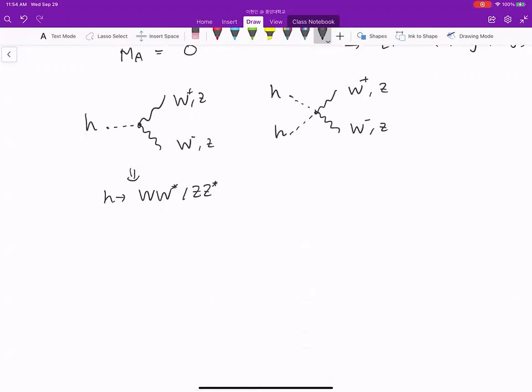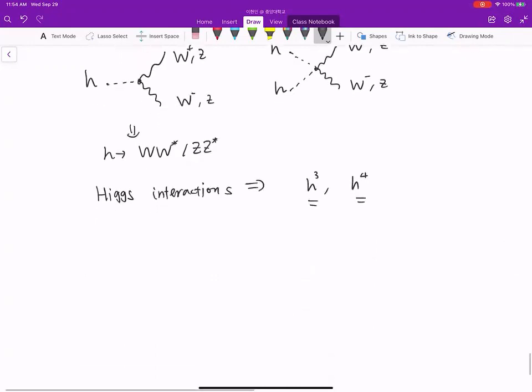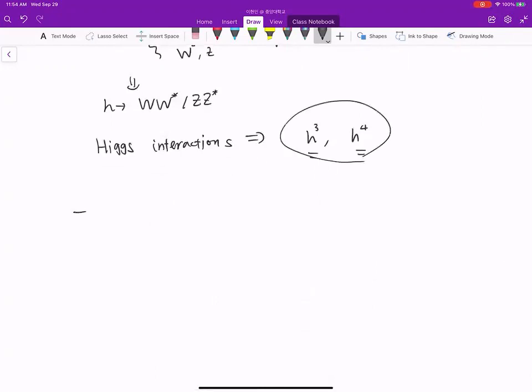Also from the Higgs potential, you can identify the H cubed and H to the fourth interactions too. So maybe let me skip over to a different discussion, because this is not that difficult to identify.